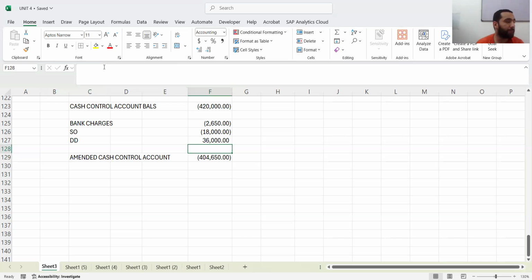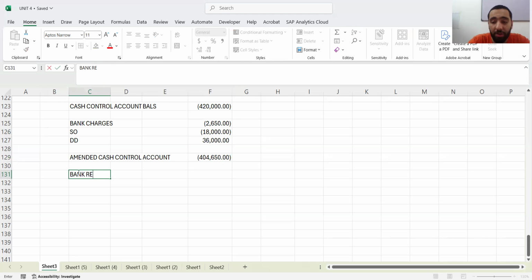Is there any doubt that you want to clarify? Is everything okay? So I assume everything is okay. We can move on to the bank reconciliation statement.